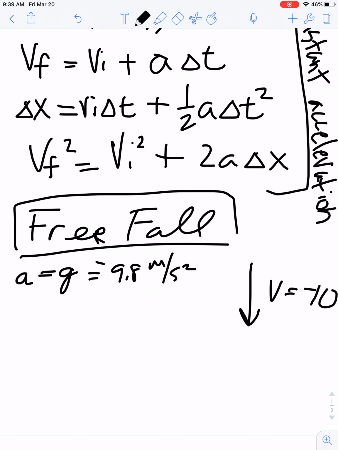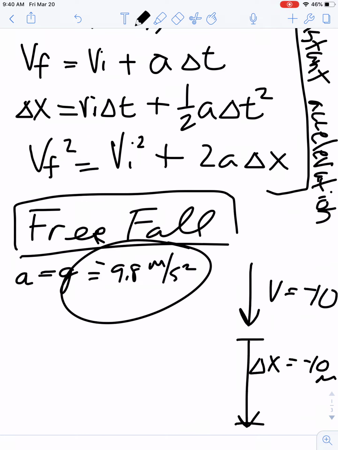And it also means that if an object falls downward a distance or a displacement of 10, then it falls negative 10 meters. So the displacement can be negative. And again, all that negative sign means is that the object has moved downward. So if the object is traveling downward, then its velocity is negative. If it has fallen downward, then its displacement is negative. And if it's speeding up in the downward direction, then its acceleration is negative, okay?